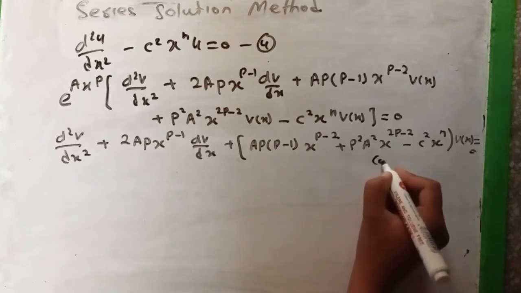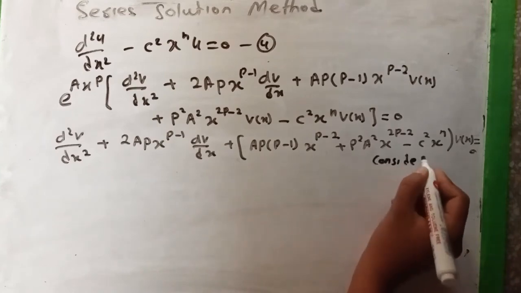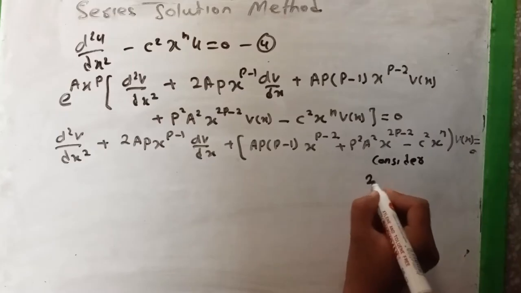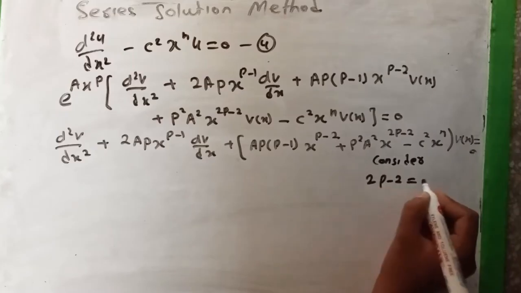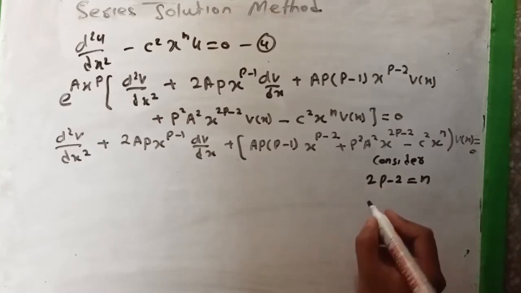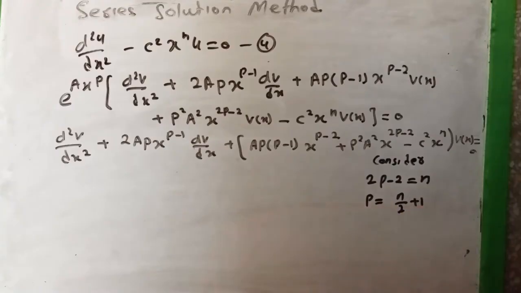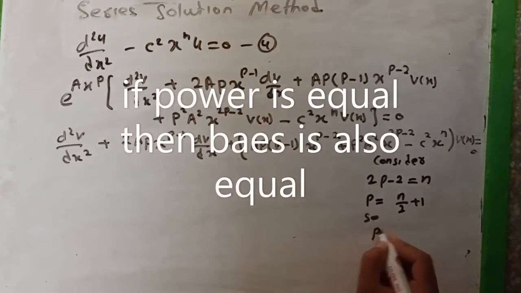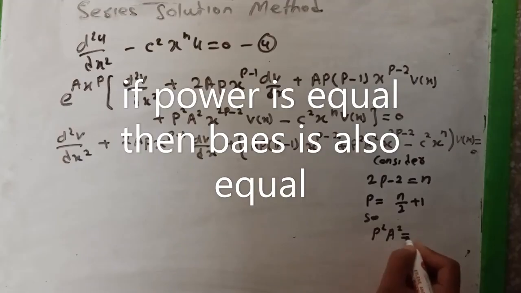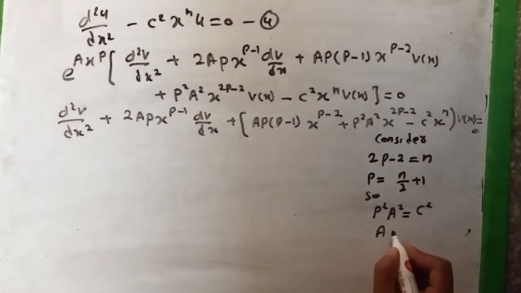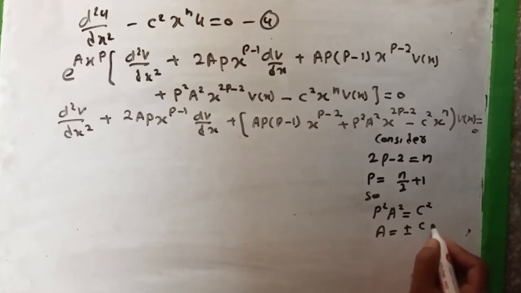Now we consider 2p minus 2 is equal to n and p is equal to n over 2 plus 1. So p square a square is equal to c square and a is equal to plus minus c over p.